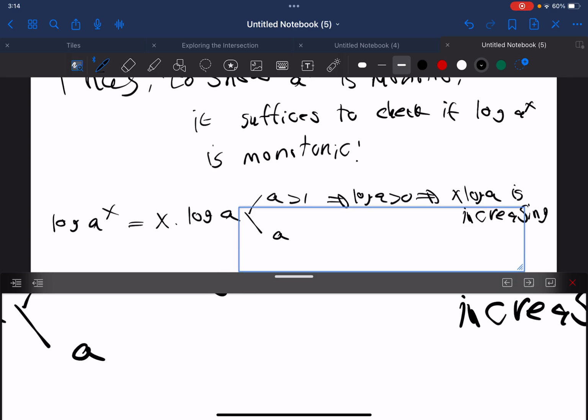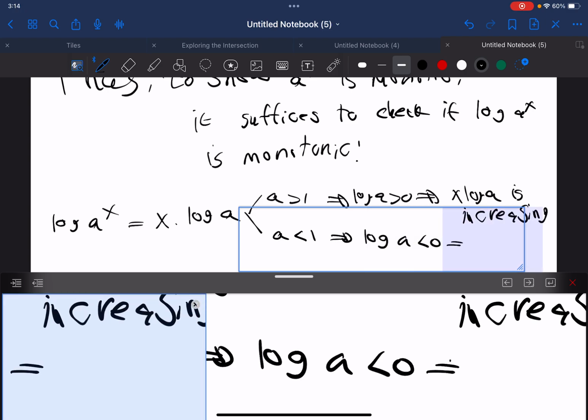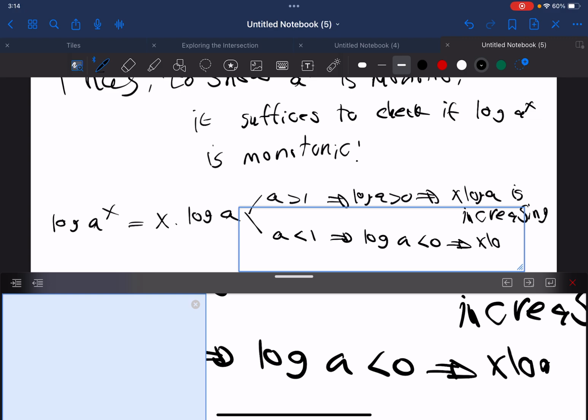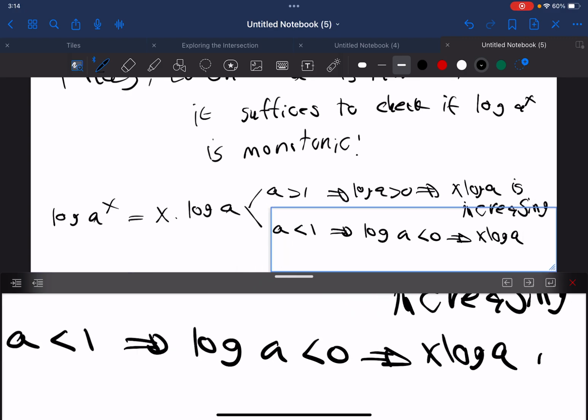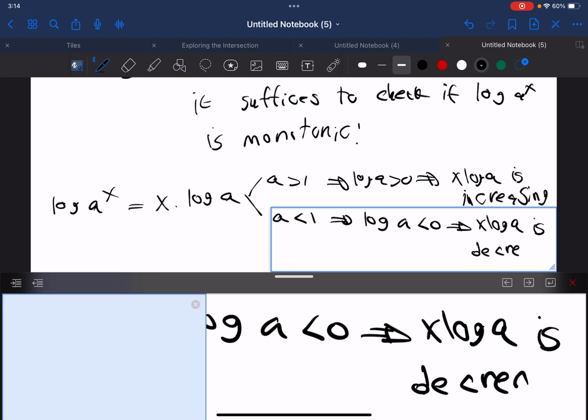And in the next situation, if a is less than 1, then log of a is negative, and therefore x log a is decreasing.